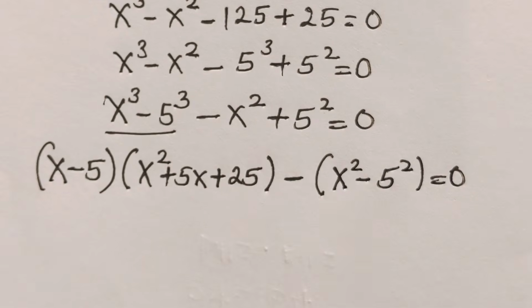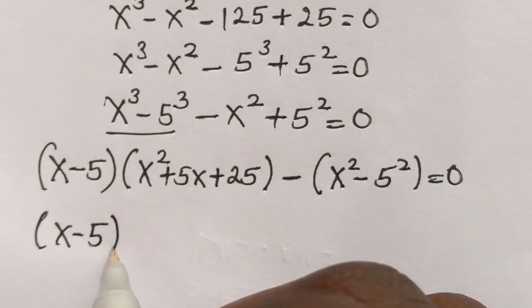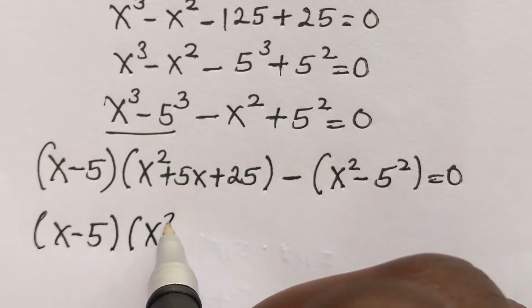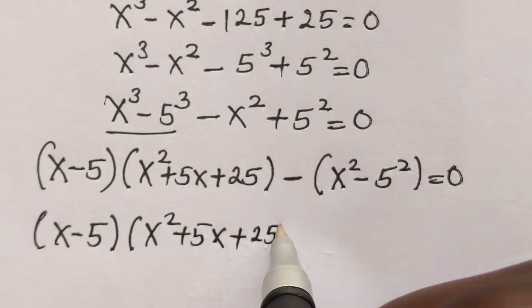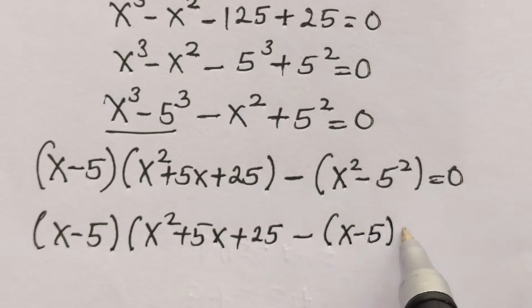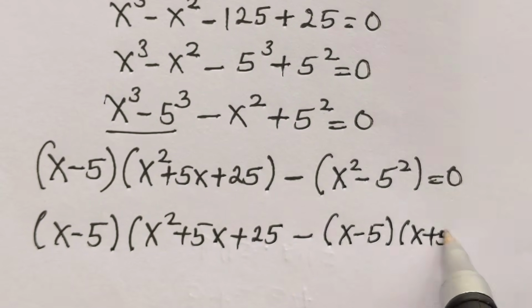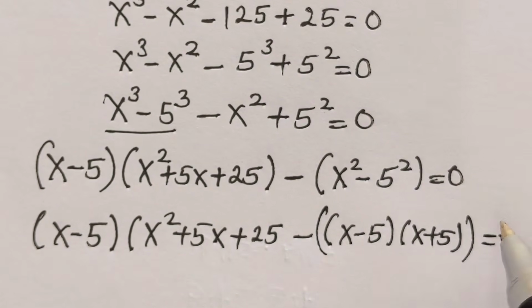So this will be x minus 5 times open bracket of x squared plus 5x plus 25, then minus x minus 5 times x plus 5, right? So this will be 0.